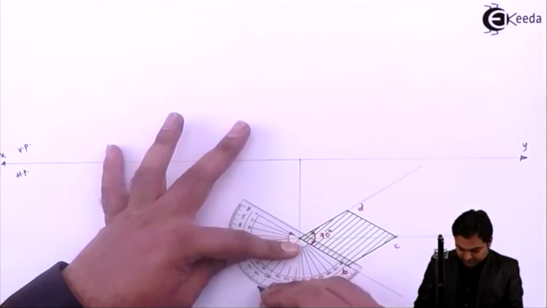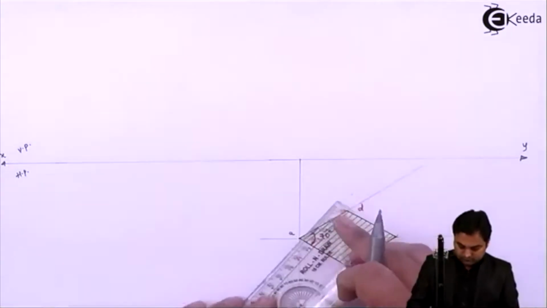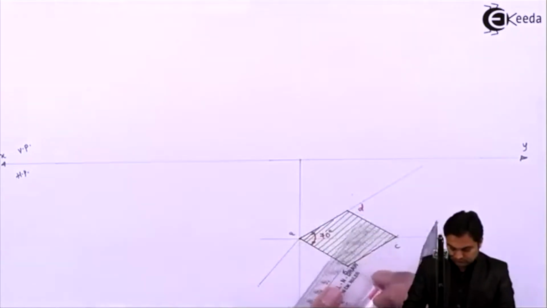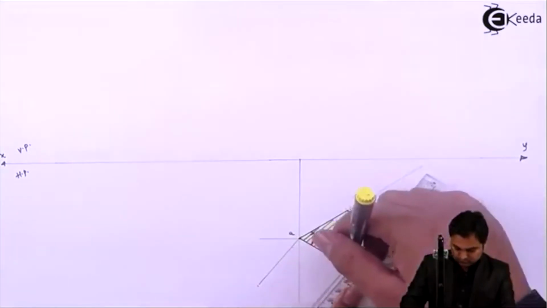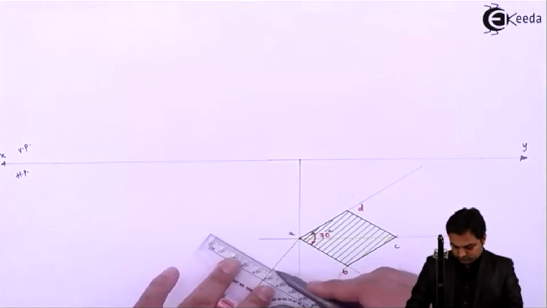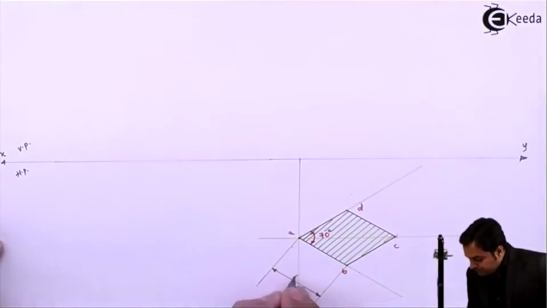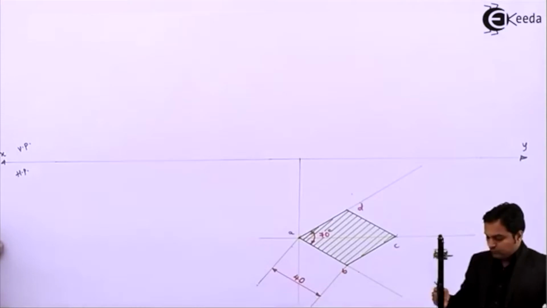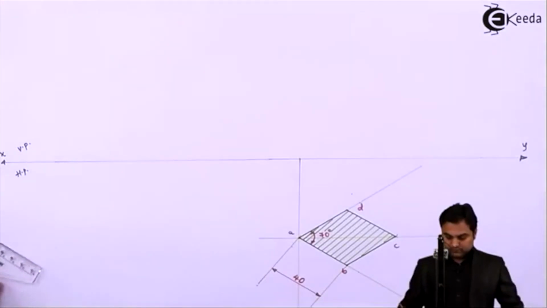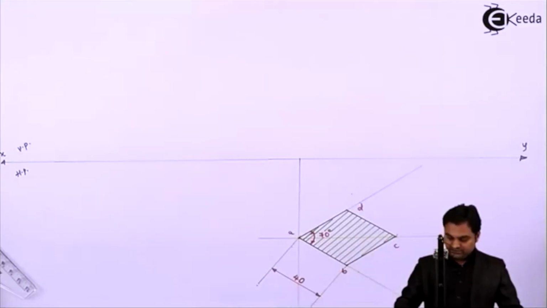Measuring 90 degree angle. (40 mm side). Then the angle is 70 degree as we have measured, and it will be from both the sides.